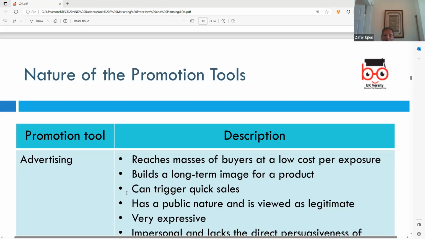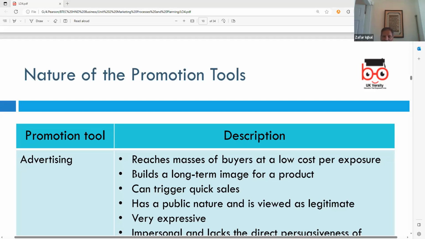In other words, it gets to people with minimum cost. The purpose of advertising is to reach masses with the lowest cost possible, and it builds a long-term image of the product, and it stays in people's minds. It triggers a quick sale. It triggers in their minds, and it creates sales.